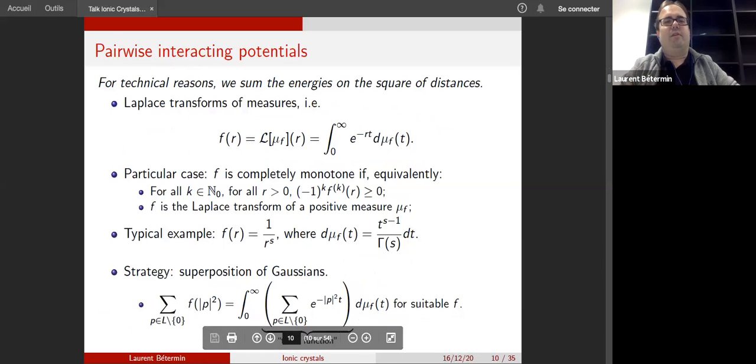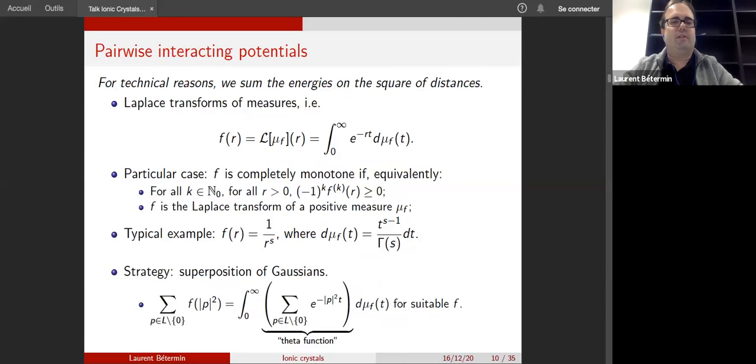Okay, so what kind of pairwise interaction potentials do I choose? During this whole talk, I will sum the energy on the square of the distances. That's why you will see some dimension divided by 2, but that's just a technical matter. So I will consider interaction potentials that are the Laplace transform of a measure, which can be written like that. A particular case is when the measure is positive.